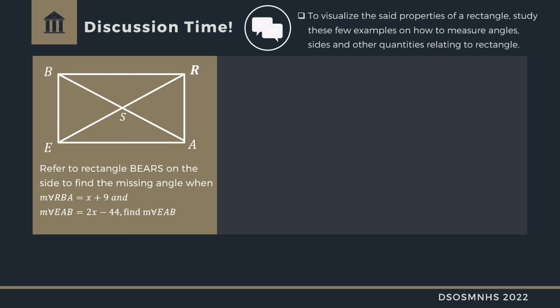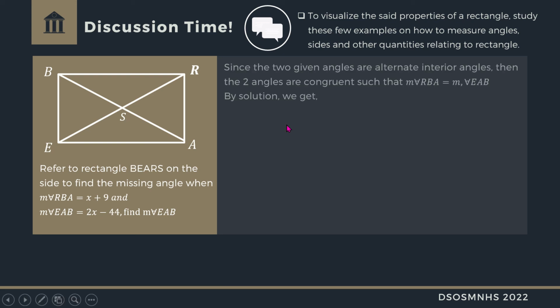The measure of angle RBA is x plus 9, and the measure of angle EAB, its alternate interior angle, is given as 2x minus 44. Find the measure of angle EAB, its exact measurement.